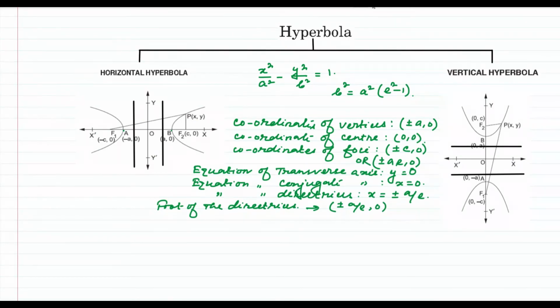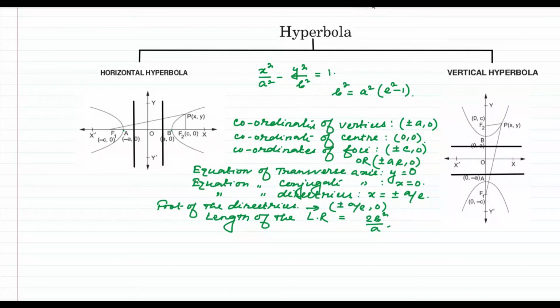Now the length of the latus rectum. We already came to know about the latus rectum. The latus rectum is the chord which is perpendicular to the transverse axis and passes through the foci of the hyperbola, and its length is 2b square by a.